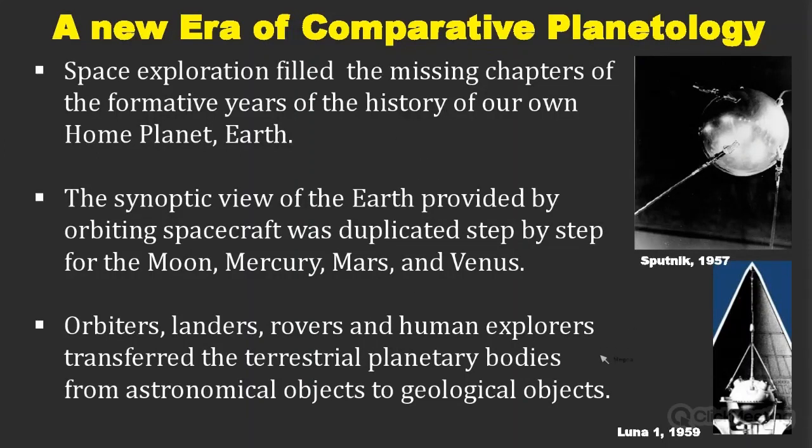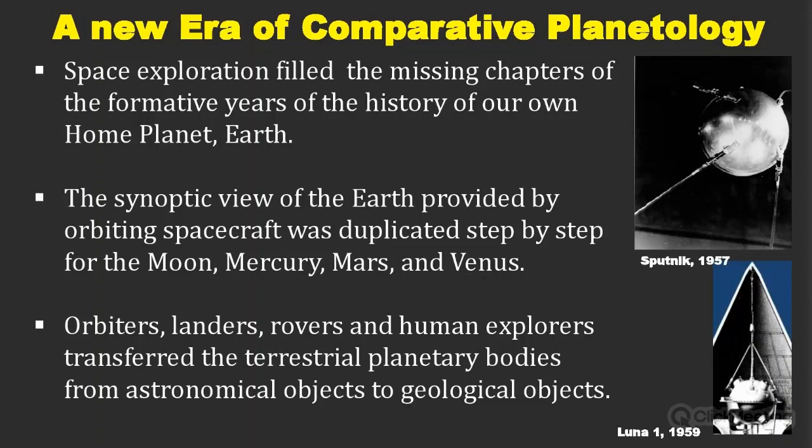So we started space exploration with Sputnik in 1957 with the aim of filling the missing chapters of the formative years of the history of our own planet Earth. As I said, some of the information about our own planet we got from orbiter missions. The synoptic view of the Earth provided by orbiting spacecraft was duplicated step by step for Moon, Mercury, Mars, and Venus.